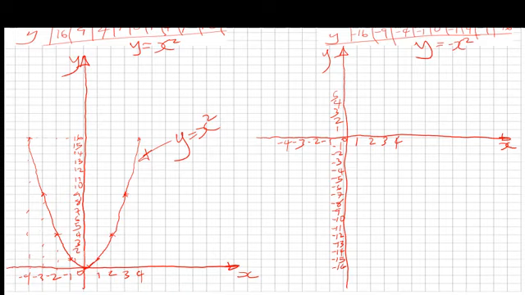When x is minus 4, y is minus 16. That's your point. When x is minus 3, y is minus 9. When x is minus 2, y is minus 4. When x is minus 1, y is also minus 1, and then 0 is 0.